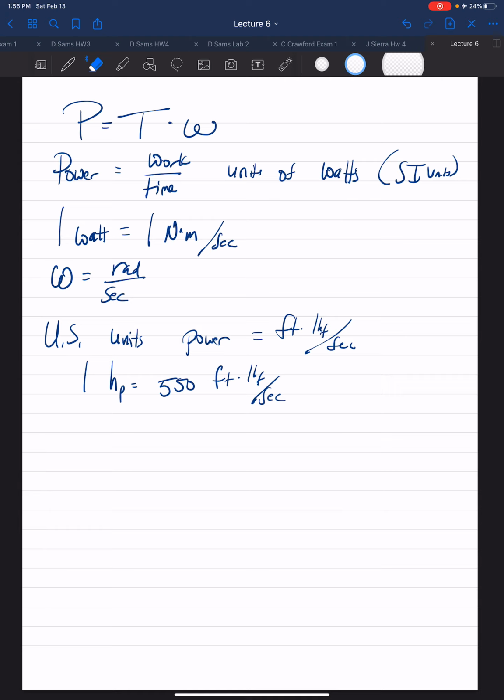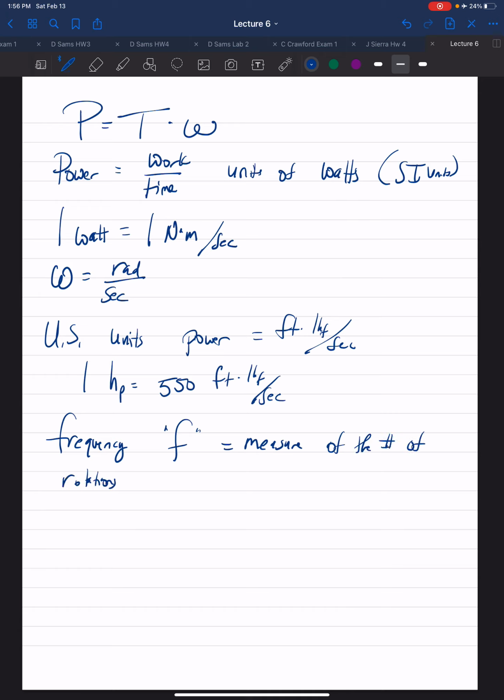So another term to define is the frequency of a shaft's rotation, this is f. And this is the measure of the number of rotations the shaft makes per second.